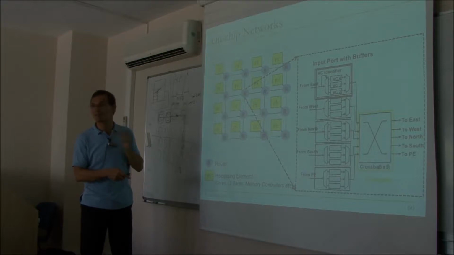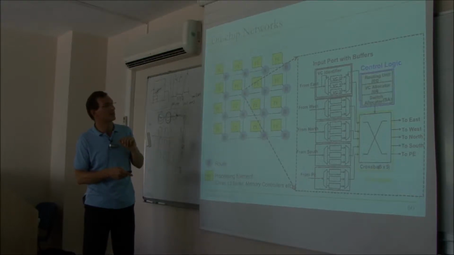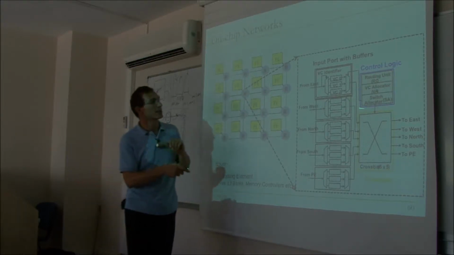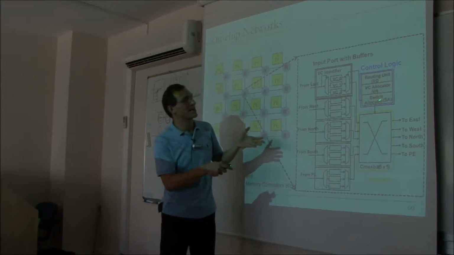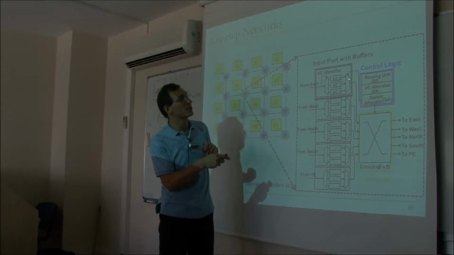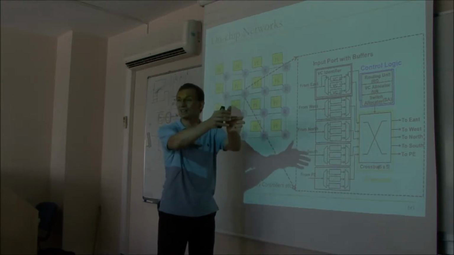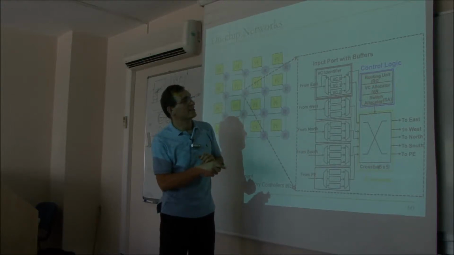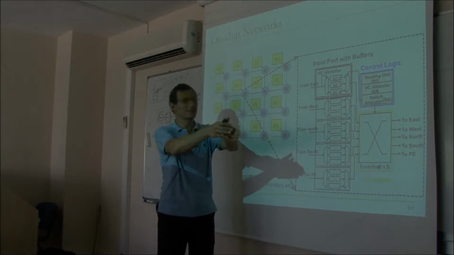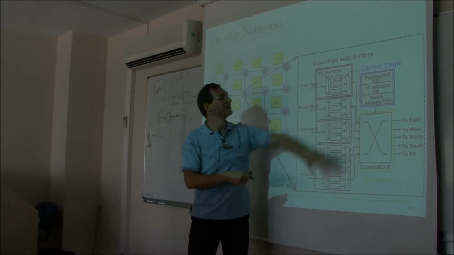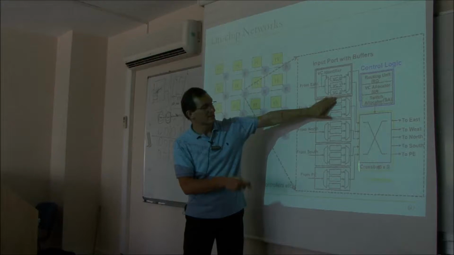It's basically a crossbar arbiter. So the control logic, which I'm abstracting away here, basically needs to determine the route for each packet. It needs to allocate a virtual channel in the next router, assuming that it will win the arbitration. And it needs to allocate this crossbar.